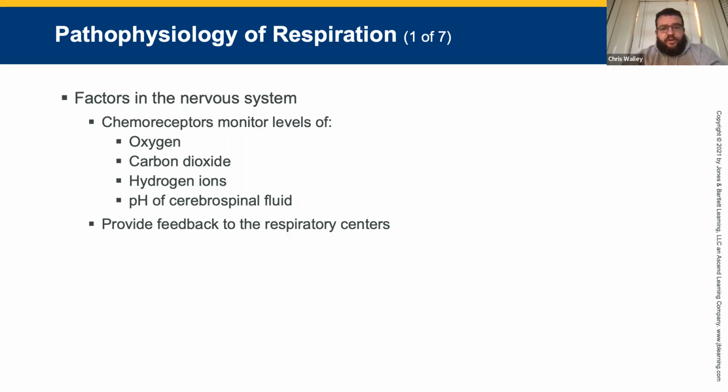So when the serum carbon dioxide or hydrogen ion levels increase, the chemoreceptors stimulate the medulla to increase the respiratory rate. So the body's telling the medulla oblongata, hey, you need to speed up, you need to increase that respiratory rate. The stimulation from the pons affects the rate and depth of the respirations.